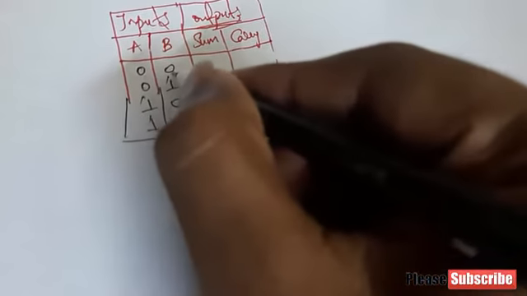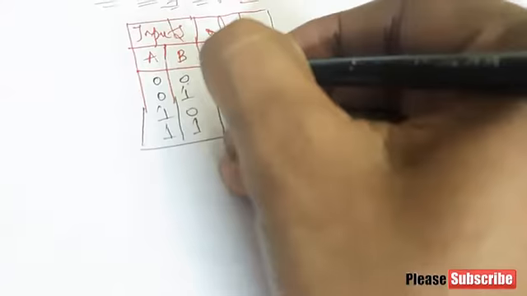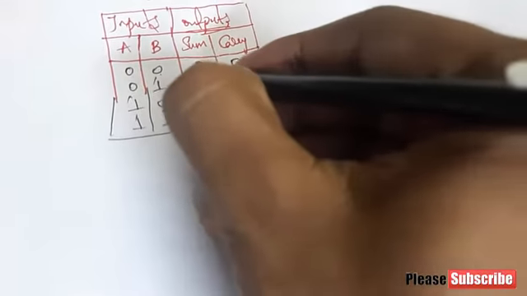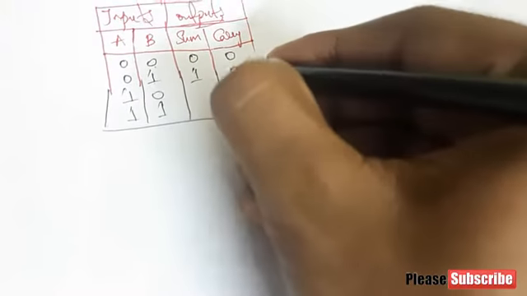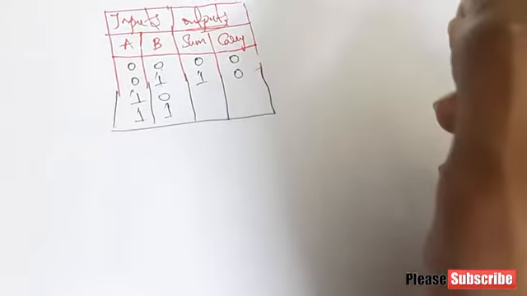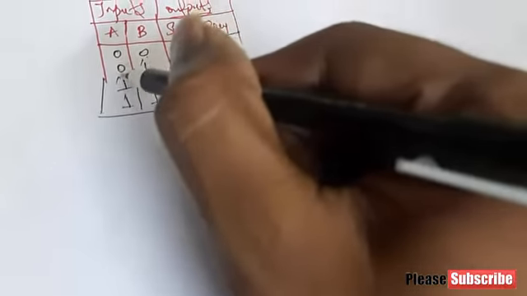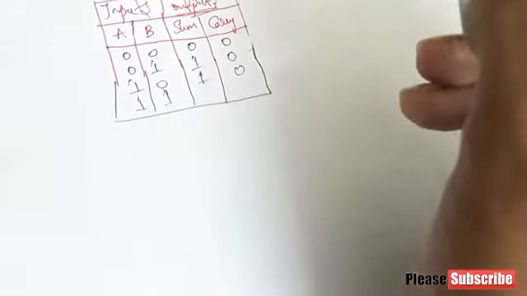Let's see. 0 plus 0, sum will be 0, carry will be 0. 0 plus 1, sum will be 1, carry will be 0. There will be no usage for carry for this 0 plus 1. 1 plus 0, sum will be 1, carry will be 0.